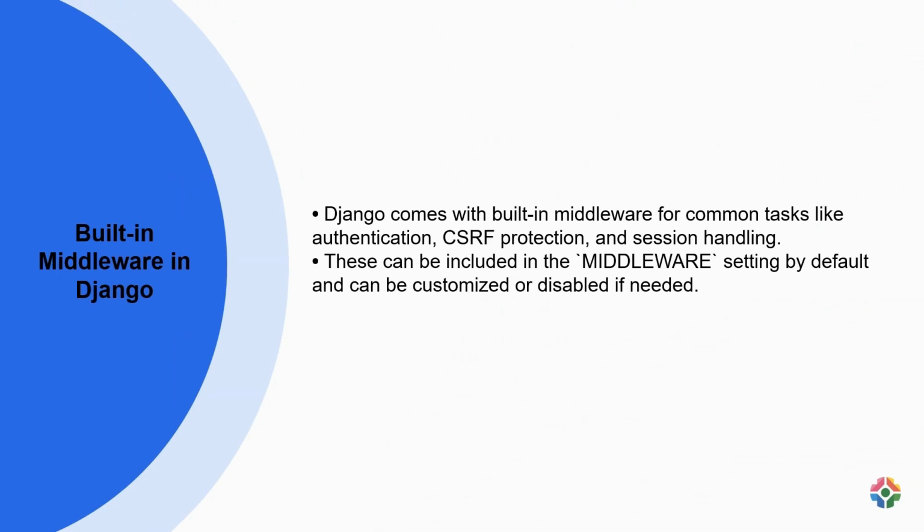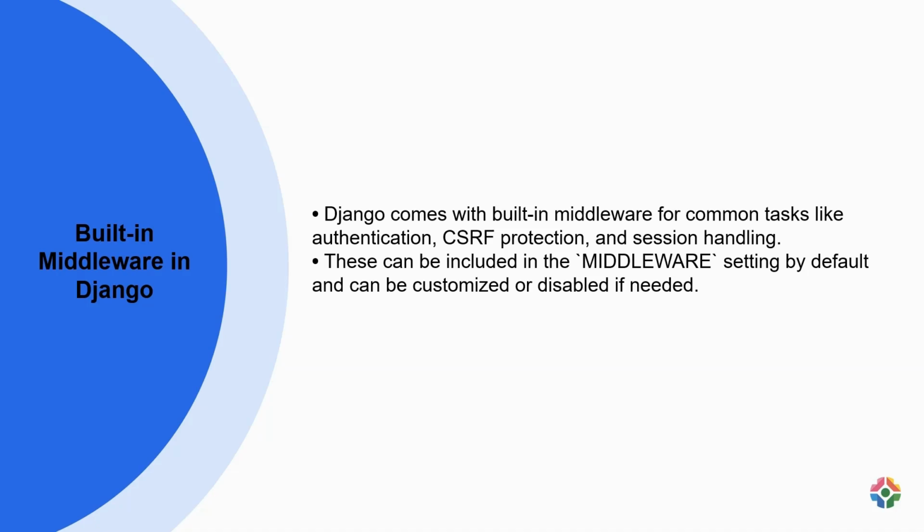Middleware in Django are components that help process requests and responses. They handle common tasks like authentication, CSRF protection, and session management. These middleware are included in the middleware setting by default, but can be customized or disabled as per requirements. For example, the authentication middleware ensures that user authentication data is available for every request.